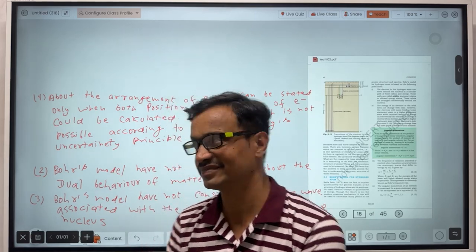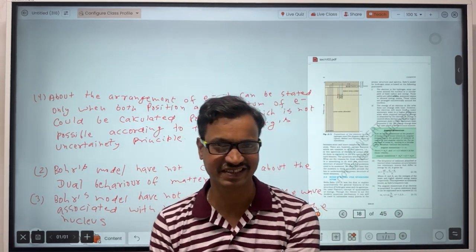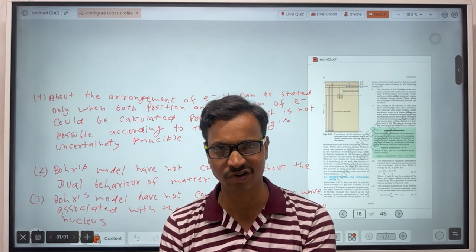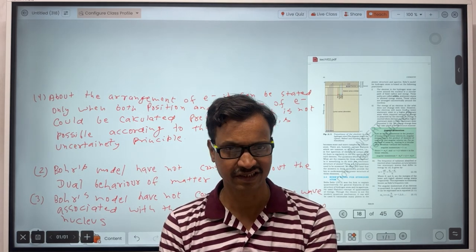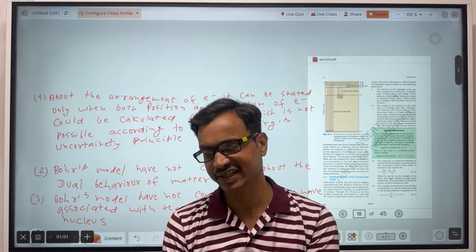So the quantum mechanical model considered that we cannot calculate both position and momentum of the electron simultaneously beyond a certain accuracy.